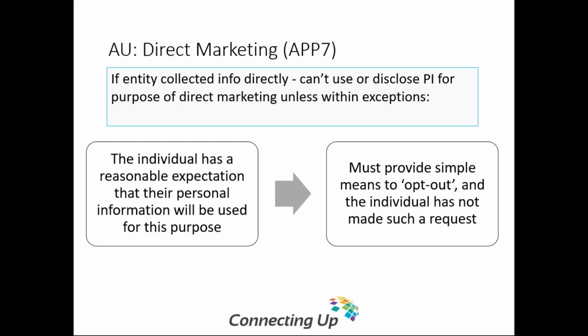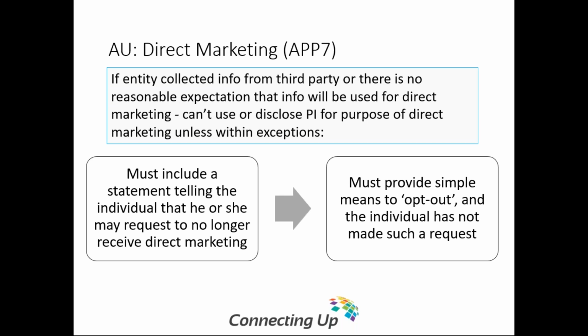All those people have a reasonable expectation that their personal information will be used for marketing. So you can market to them if you've collected that information directly, but you have to provide a simple means to opt out, and the individual obviously has not exercised that option to opt out. So where you've collected information directly from individuals in Australia, it's pretty easy to do any direct marketing to them. All you need to do is to have a simple opt out.